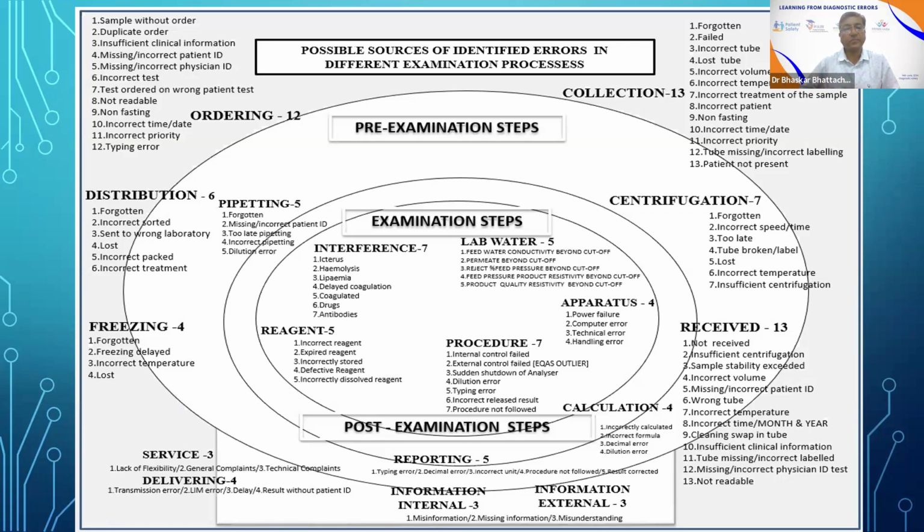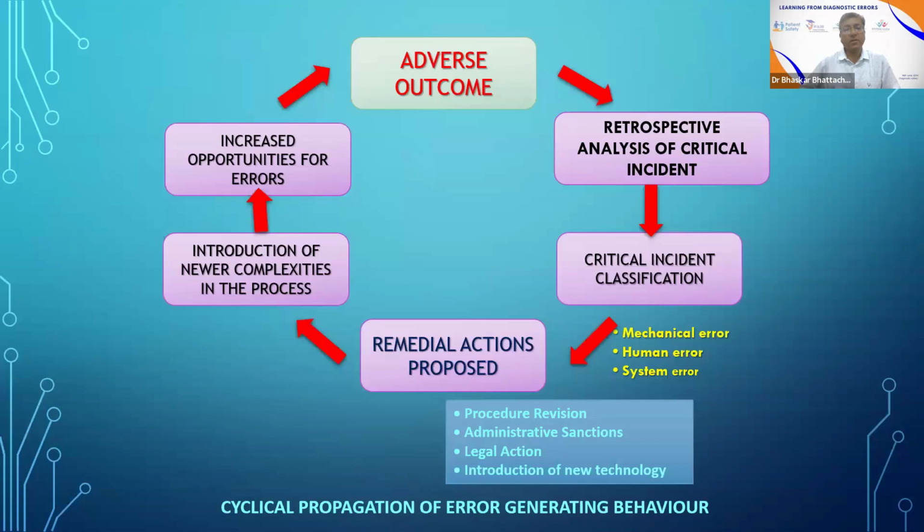Next slide. So this is a cyclic propagation of error-generating behavior, which is usually seen if specific and proper care is not taken: retrospective analysis of critical incident, the critical incident classification, the remedial actions proposed, then introduction of newer complexities in the process, and increased opportunities for errors.